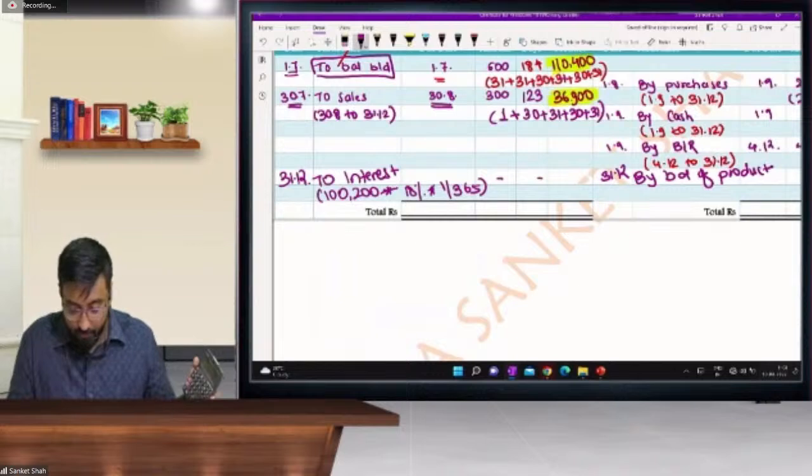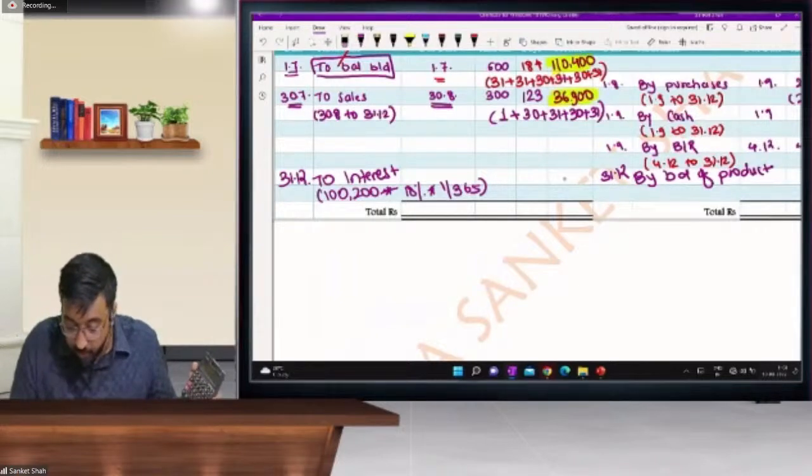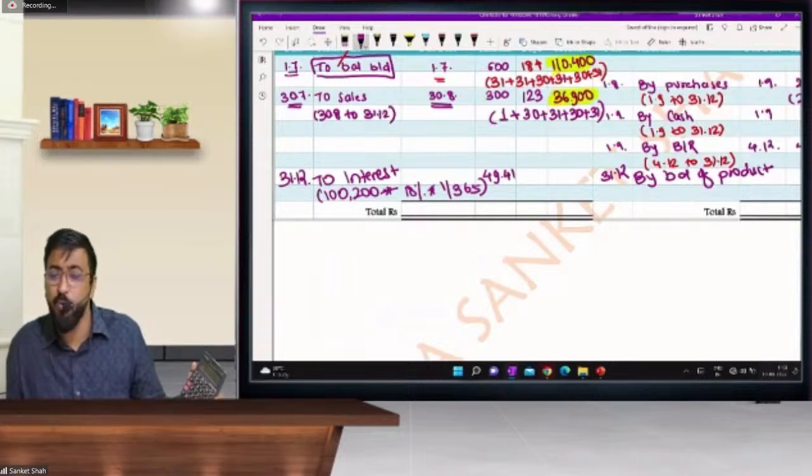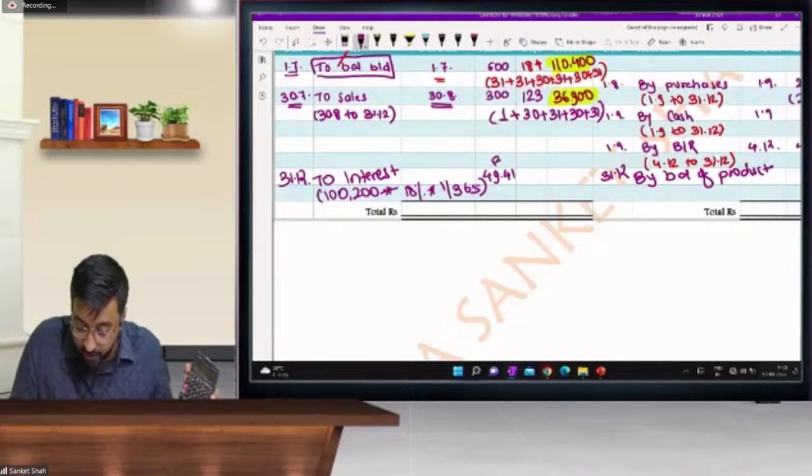That gives 49.41. Now this 49.41, you are going to write it to 2 digits. You can write 49 also, nothing to worry. But 49.41 is the interest column that you are taking on the B side.